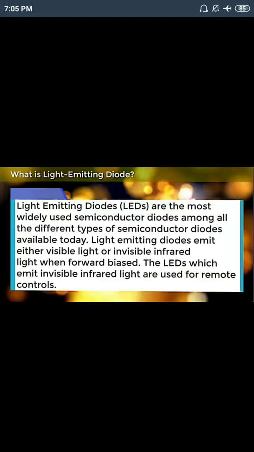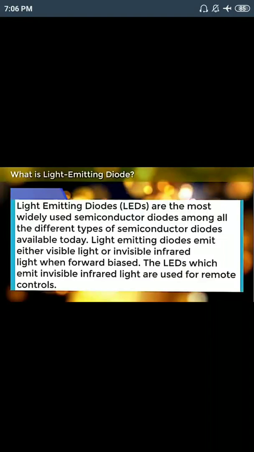LEDs are the most widely used semiconductor diodes among all the different types of semiconductor diodes available today. Light emitting diodes emit either visible light or invisible infrared light. We see the yellow color and red color, these are visible. It also emits invisible infrared light, which we cannot see, because we have a visible range.